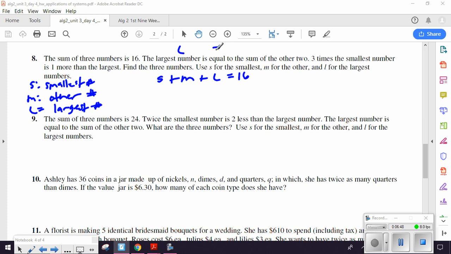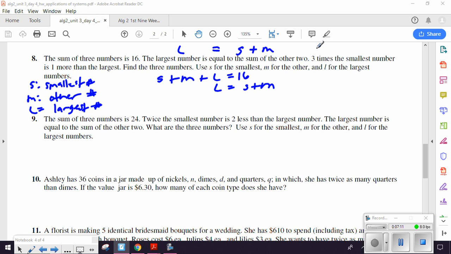So L equals the sum, which means plus, of the other two. So L is equal to the sum of S and M. So that's the second equation: L equals S plus M.